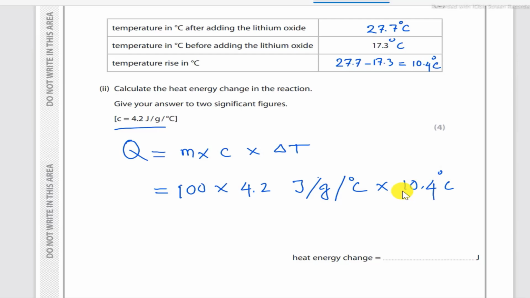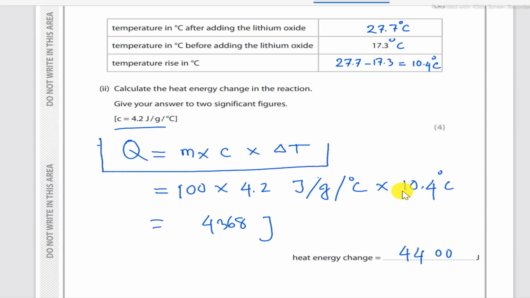So the answer will be 4,368 joule. So we can write 4,400 joule. Remember this formula: heat change equals mass times specific heat capacity times change in temperature.